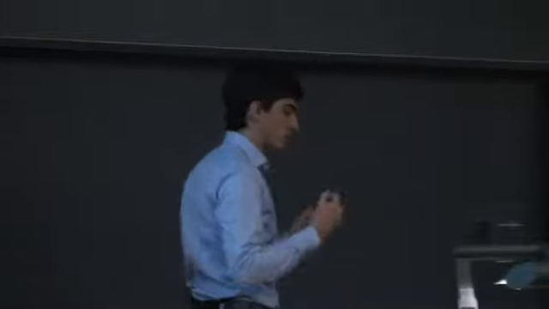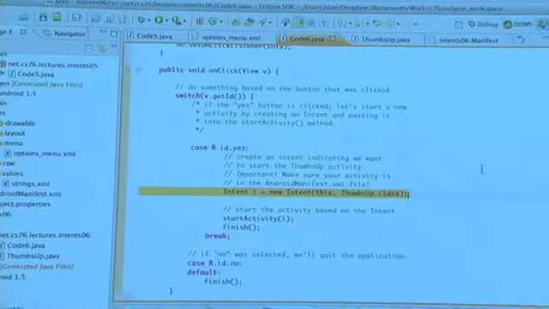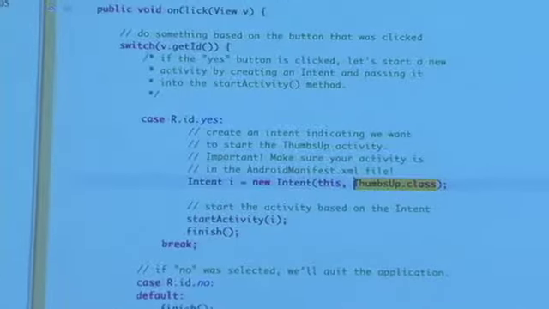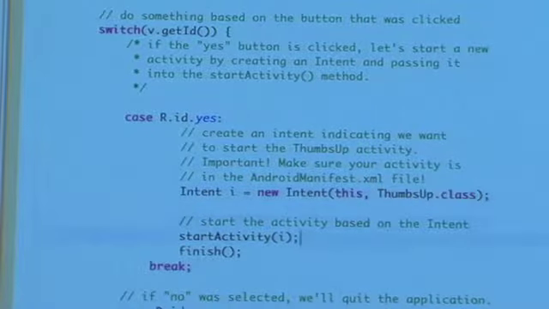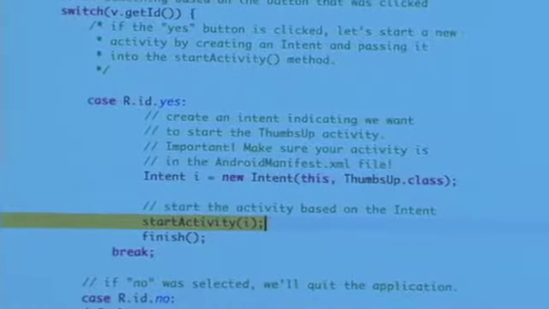But we'll see another example of that in just a moment. But this is just a very simple example. We want to tell our application that we want to open up a new activity that we've created. So in this case, the class file that we've actually created within our current application, that we want to start that activity.